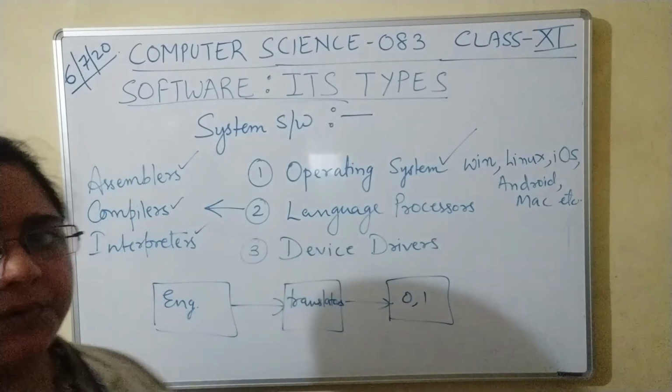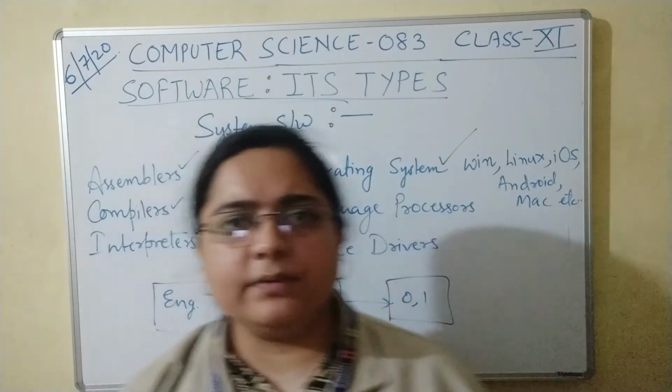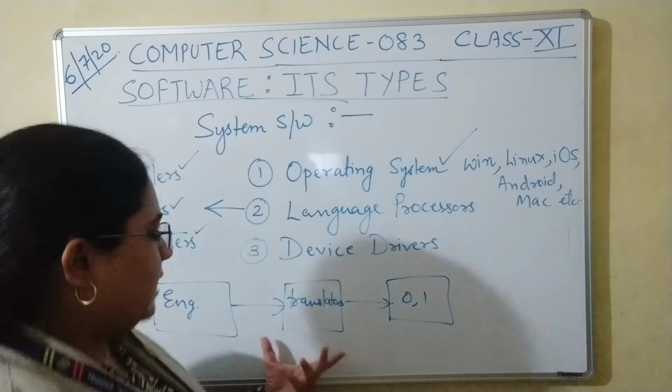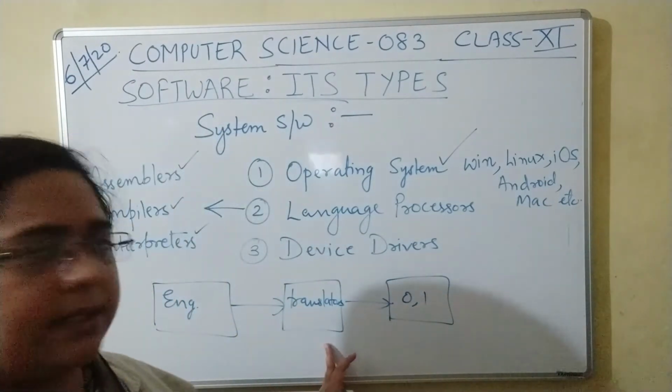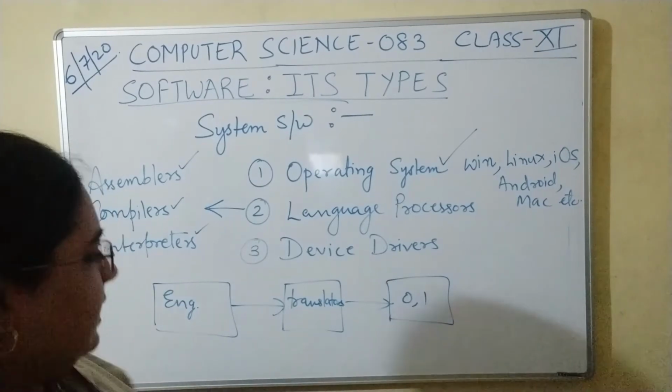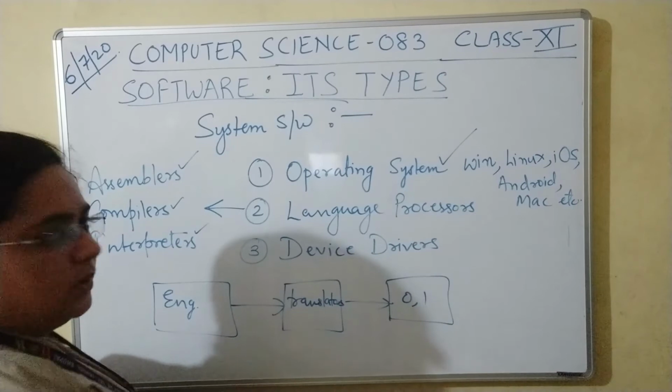You travel to a foreign country and you don't know the language of that country. What will you do? You will either be forced to learn the language of the country, or you will carry a translator with you who will translate your words into the local language.